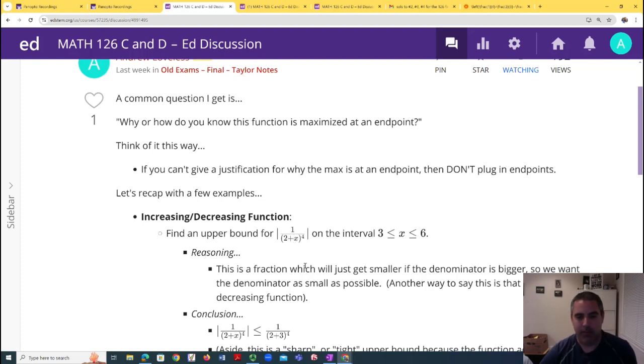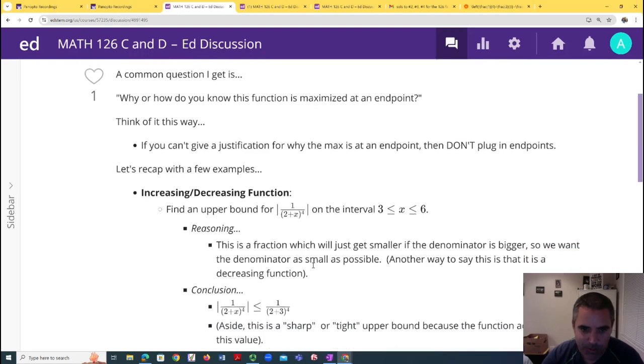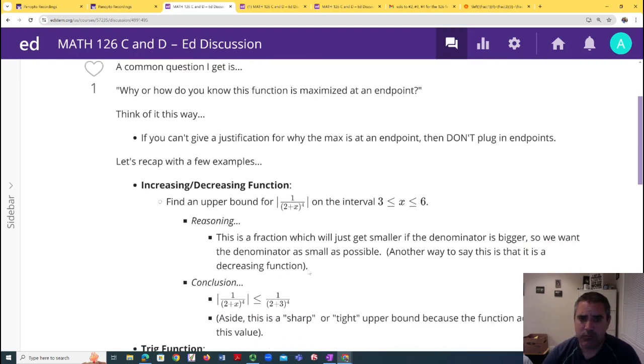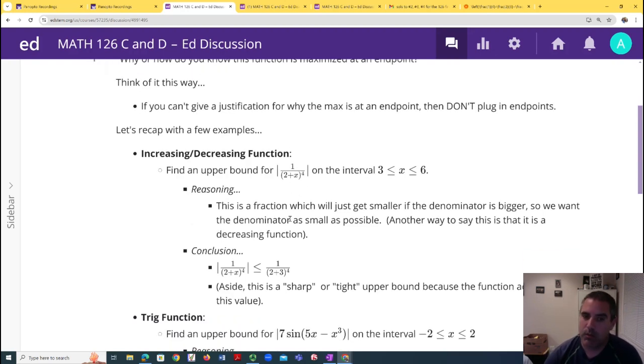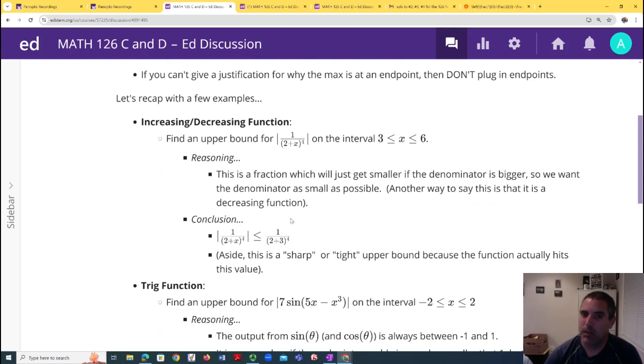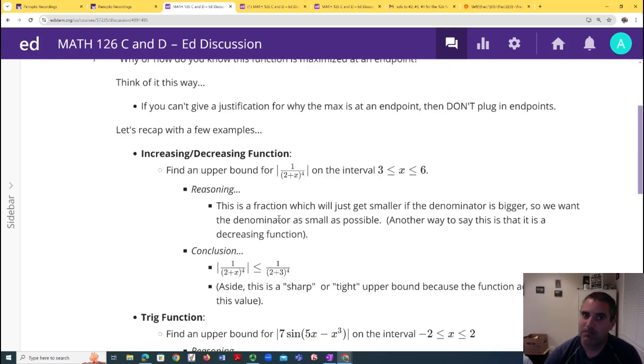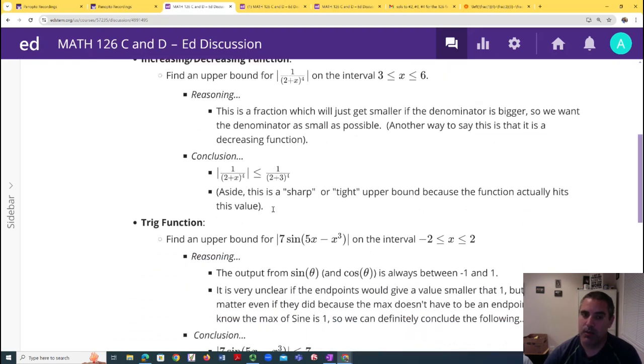I don't want to say more because it's going to be long enough anyways, but you just plugged in a 3. Same goes for e to the x, which is an increasing function, or e to the negative x, which is a decreasing function. So a lot of your homework, yes, it was an endpoint. But that was just because we immediately knew it was an endpoint. If you don't immediately know, then more is needed.